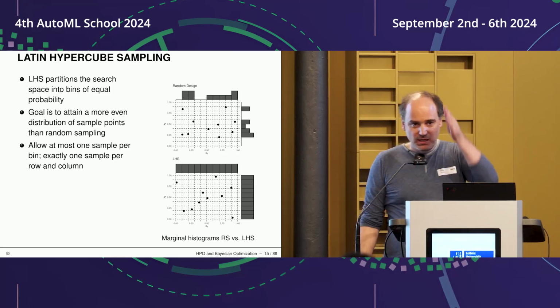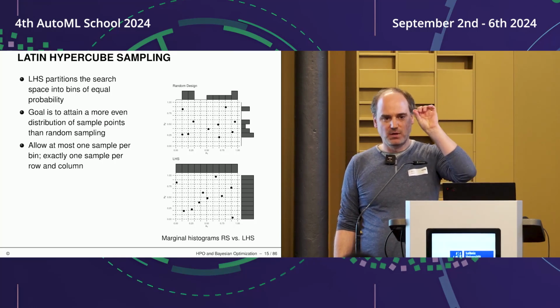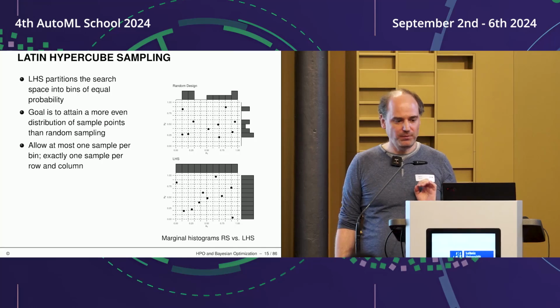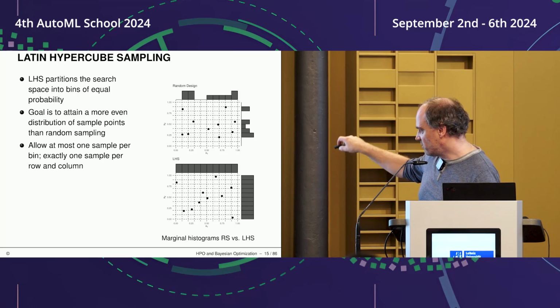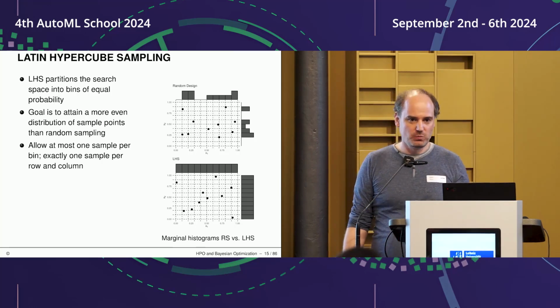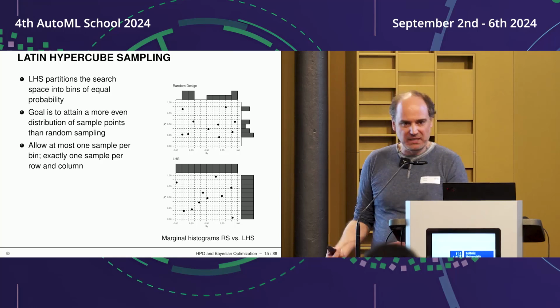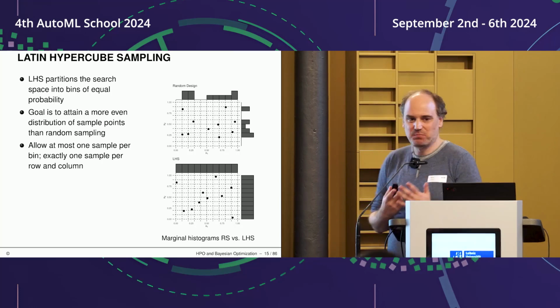And then in each column and in each row, you basically just have one point in a square. Okay, this is why this is called a Latin hypersquare. And what this results in is a super uniform marginal distribution.